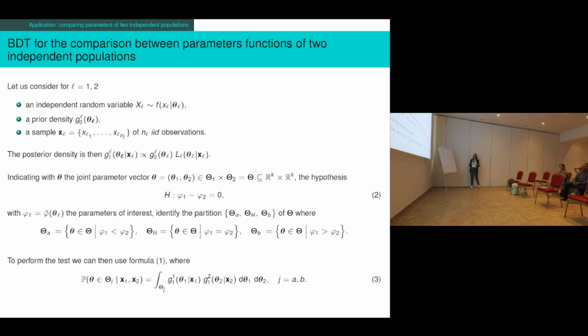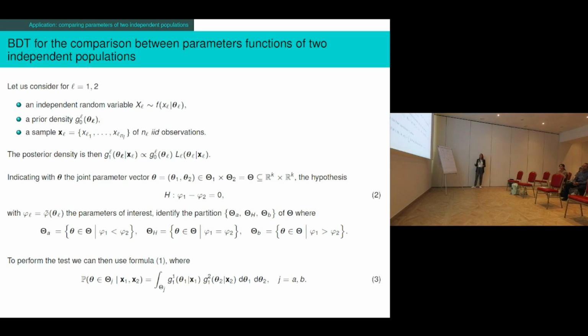So theta 1 is the parameter vector of the first population, and theta 2 of the second population. Then we would like to test the hypothesis phi1 minus phi2 equal to 0, where phi-l is a function of the parameter. So, for example, this function can involve 2 or 3 components of the parameter, or just one component. It depends on the problem.